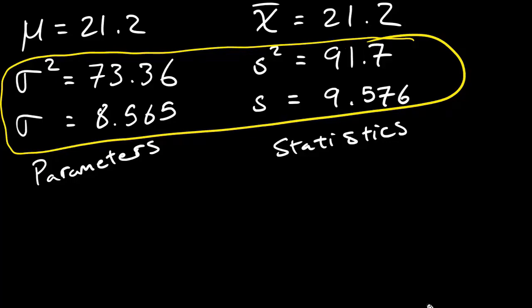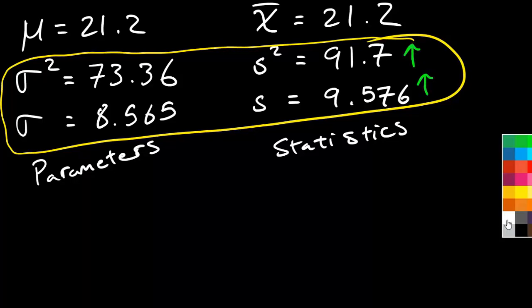Again, the same numbers, essentially the same questions. The only thing we're really changing is whether it's a statistic or a parameter. And hopefully we notice that these sample measures are higher when compared to the population ones.